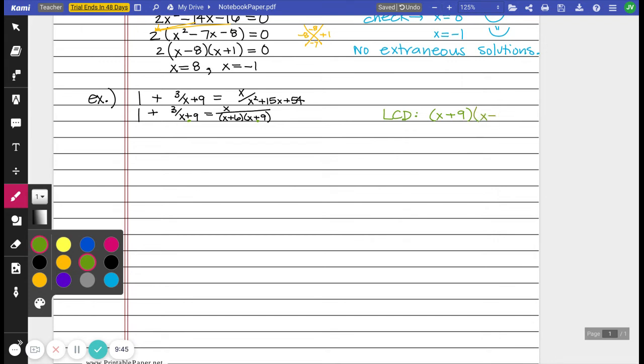So as I build my LCD, the x plus 9 shows up in both denominators. And so instead of doubling up, I'm just going to make sure I lump it together and include it. So that's an interesting piece, and that's why we do this factoring step to start, okay?